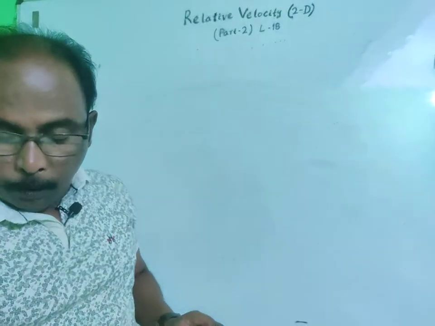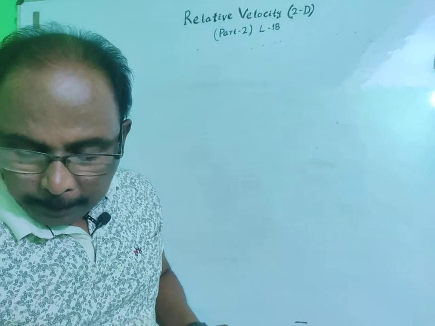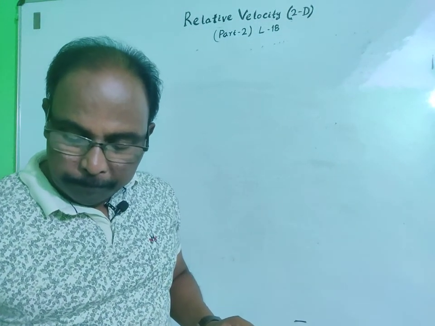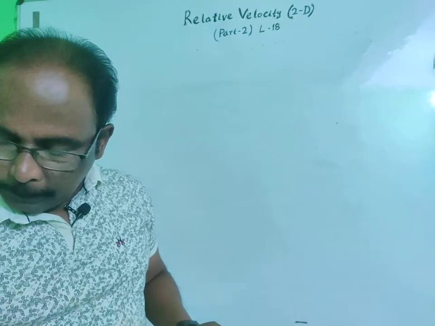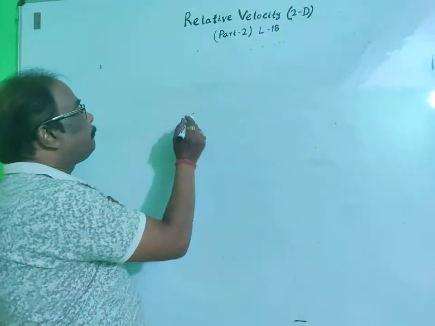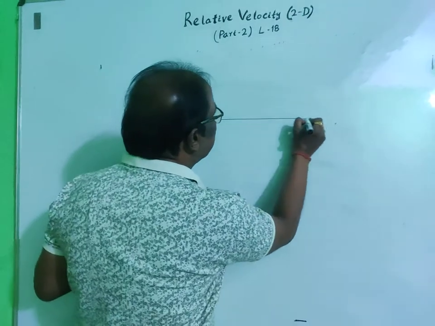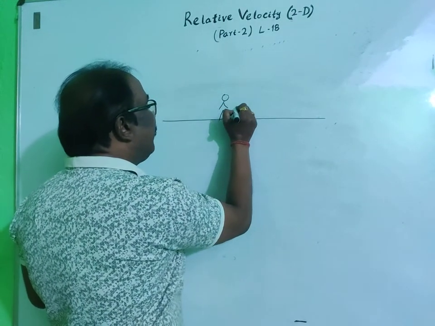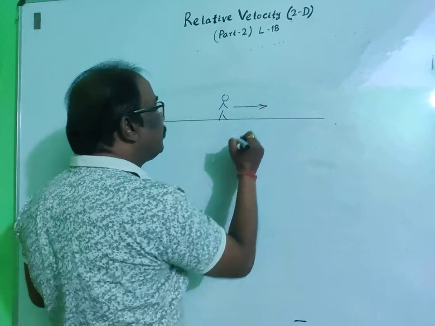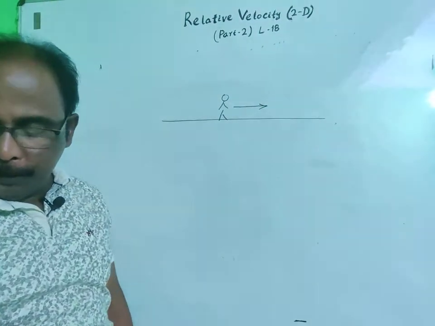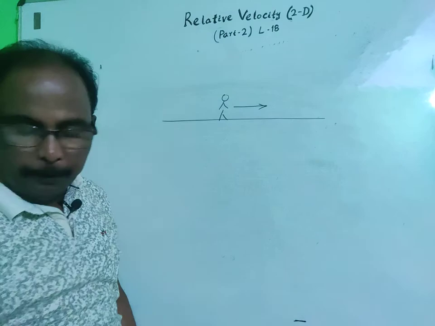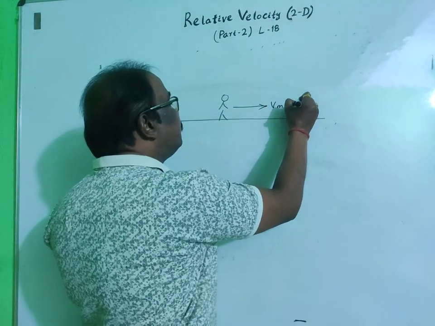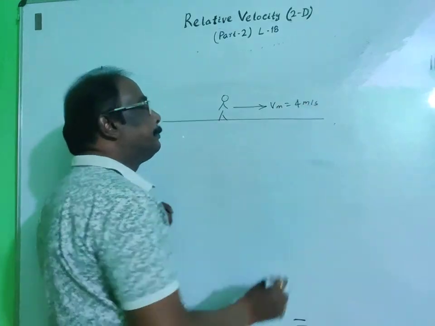Suppose one of the questions I have with me. Suppose this is a horizontal road. A man is moving horizontally with a velocity of 4 meter per second.